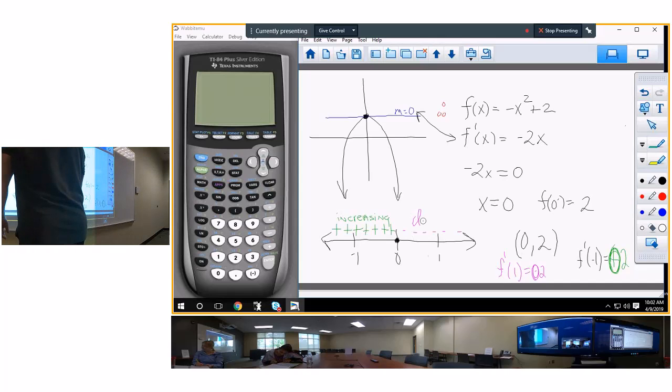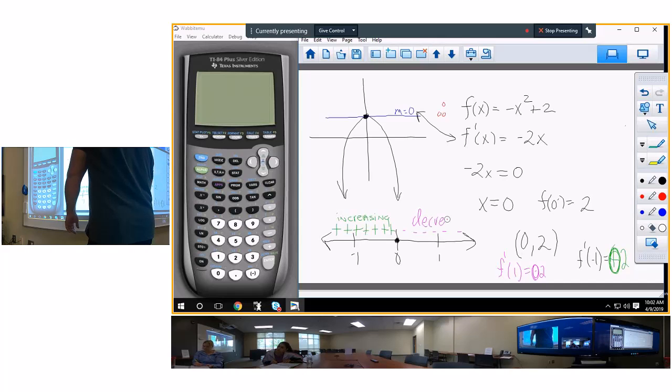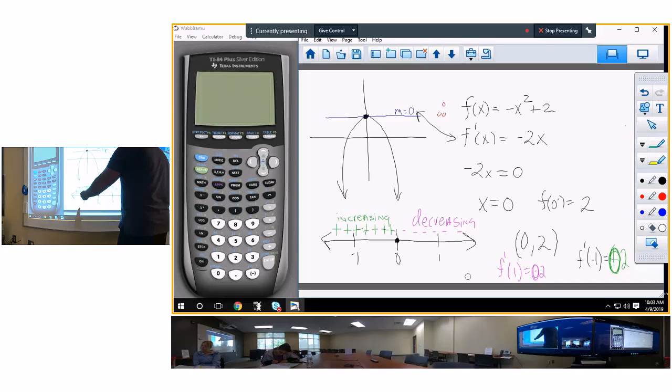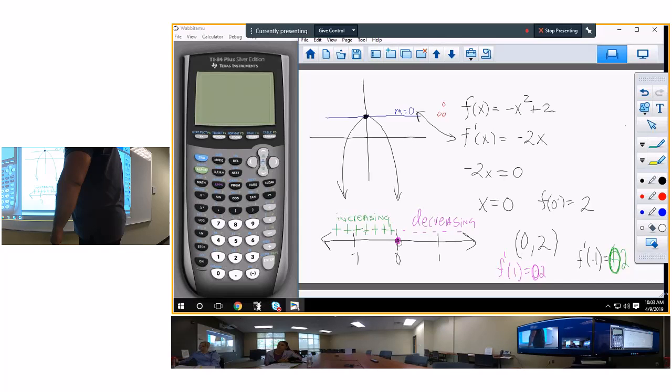Decreasing. So I've got a question to ask you. If I have increasing coming up this way, and then I hit the critical point, and then I go down, that means that this is not a minimum, but it's a what? Maximum.